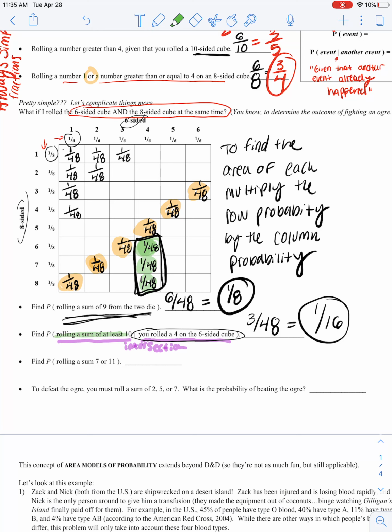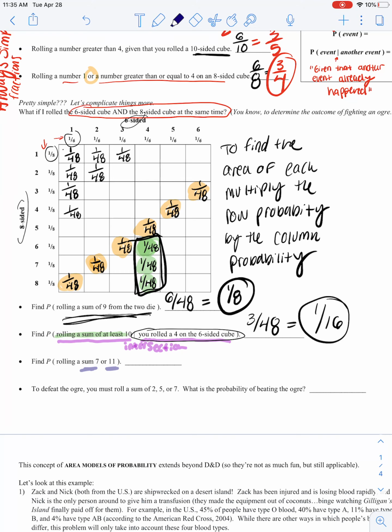Alright, next we have: find the probability of rolling a sum of 7 or 11. So that means the probability of either one happening. So all of the sums of 7 and 11 work for this question.